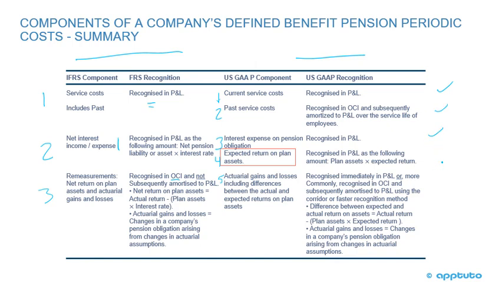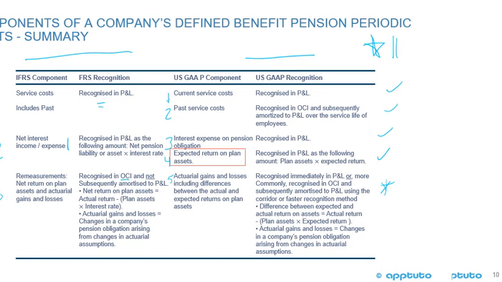The expected return on plan assets is recognized in P&L as the following amount, the plan assets times the expected return. And again, the actuarial gains and losses recognized in the P&L, or more commonly recognized in other comprehensive income and subsequently amortized. Again, this is a little bit of extra information for CFA Level 1, but it's 100% required for Level 2, so I just thought that I would give you a bit of a preview under this LOS.